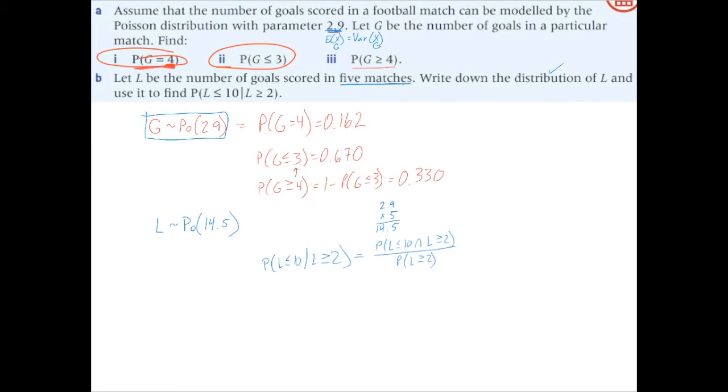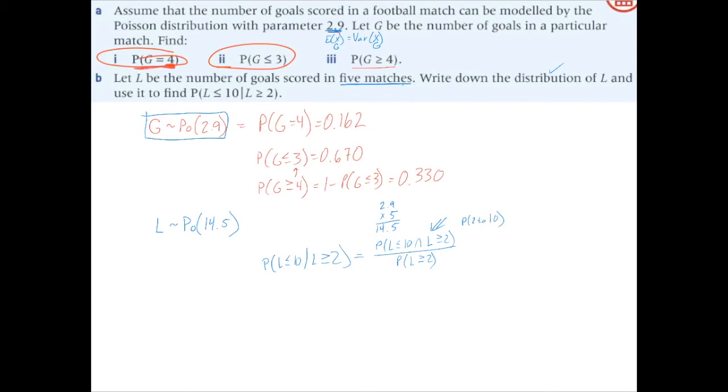Obviously what I need to do here is find these probabilities: the probability of L being less than or equal to 10, and the probability of L being greater than or equal to 2. This top one is less than or equal to 10 and greater than or equal to 2, so I need everything from 2 up to 10.